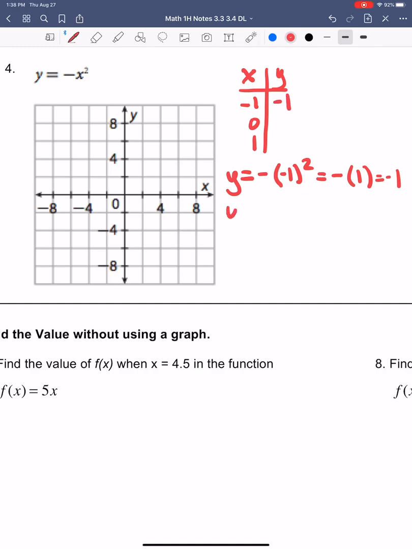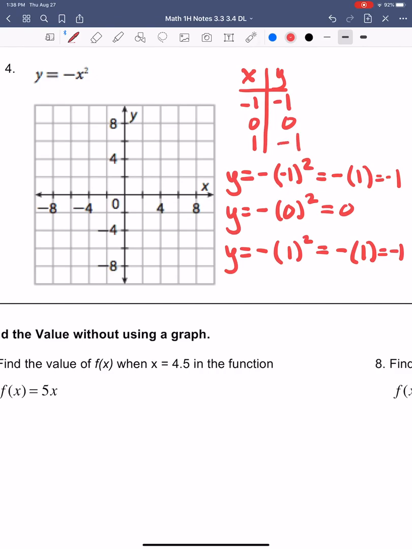If we go to the next part, y equals, that negative just lingers in the front, 0 squared, well that's just going to give me 0. And then lastly, y equals, negative stays in the front, 1 squared. Well, 1 squared is just 1, but that negative is still lingering there, so this turns into negative 1.